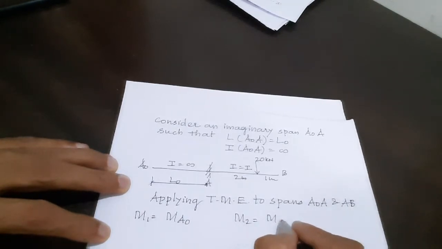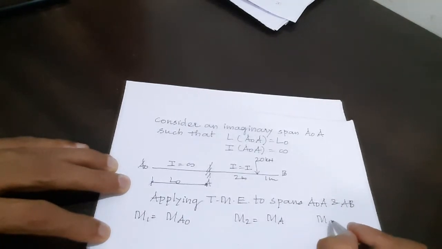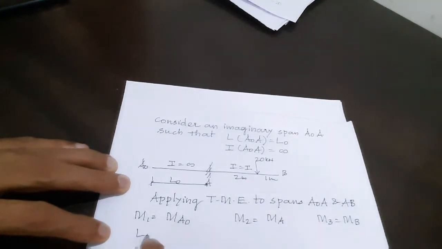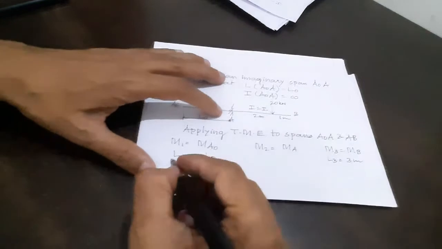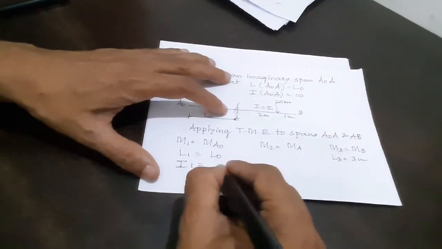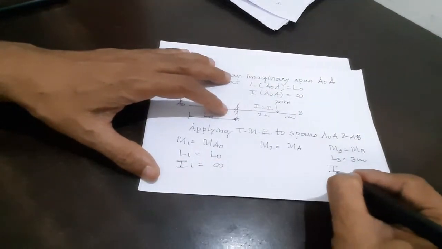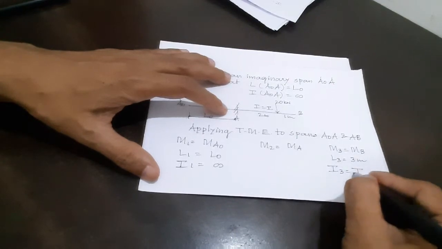The second moment will be MA. What is M3? The third moment will be MB. What is L1? LO. What is L3? L3 will be 3 meters. What is I1? Infinity. What is I3? It will be I.